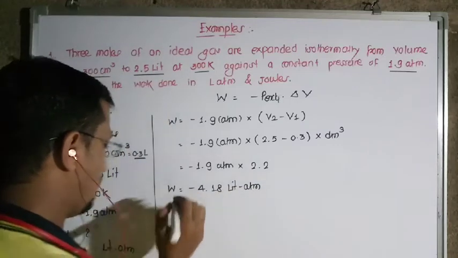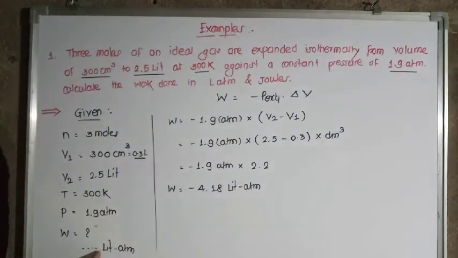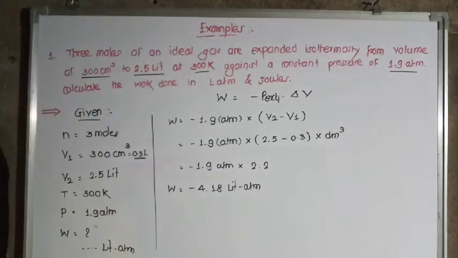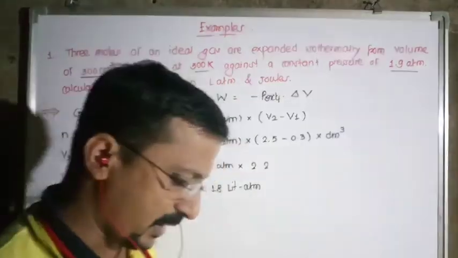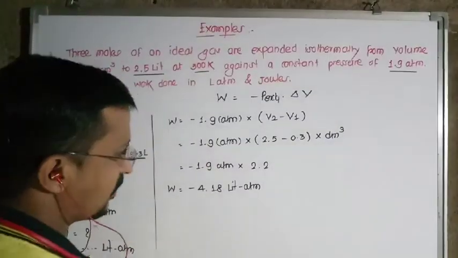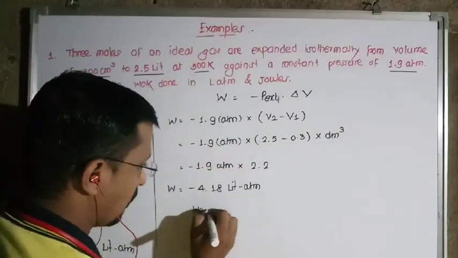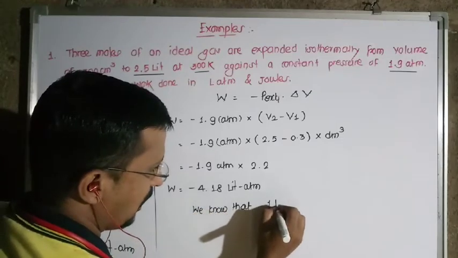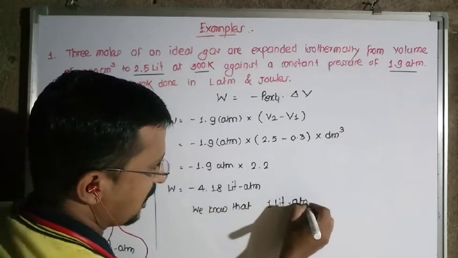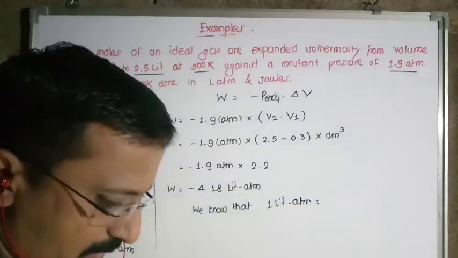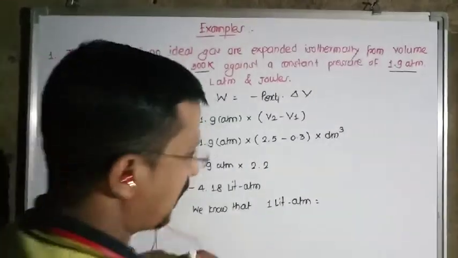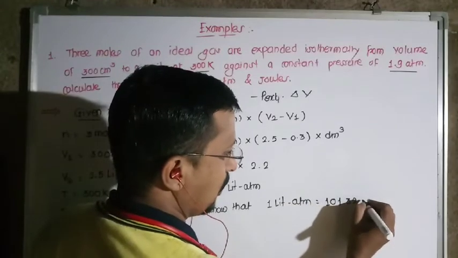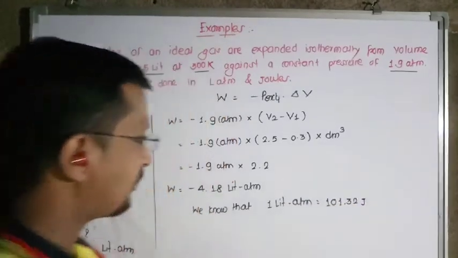This is the work done in the first unit, liter atmosphere. Now we convert the unit, liter atmosphere into joule. We know that 1 liter atmosphere is equal to 101.32 joule.